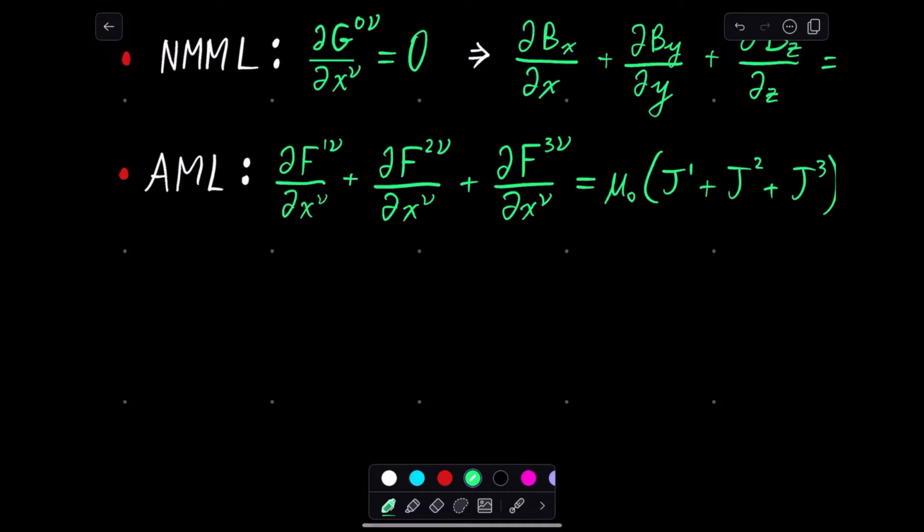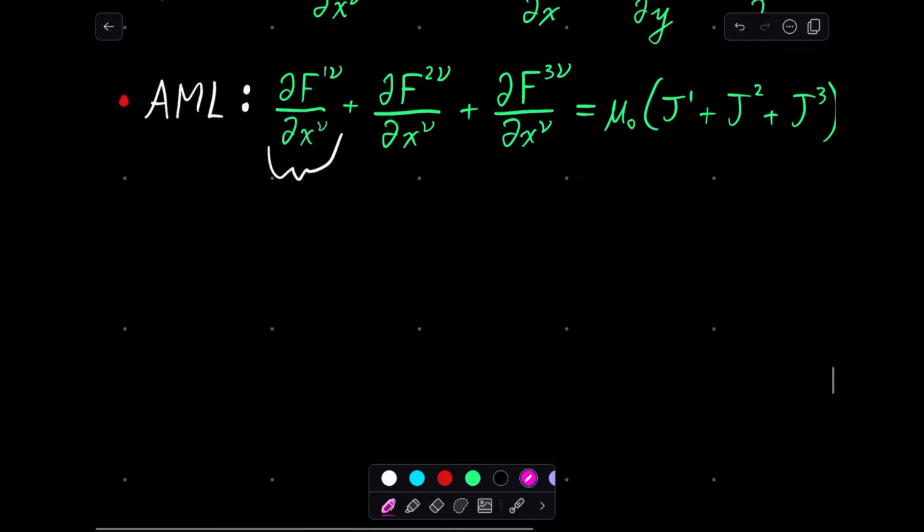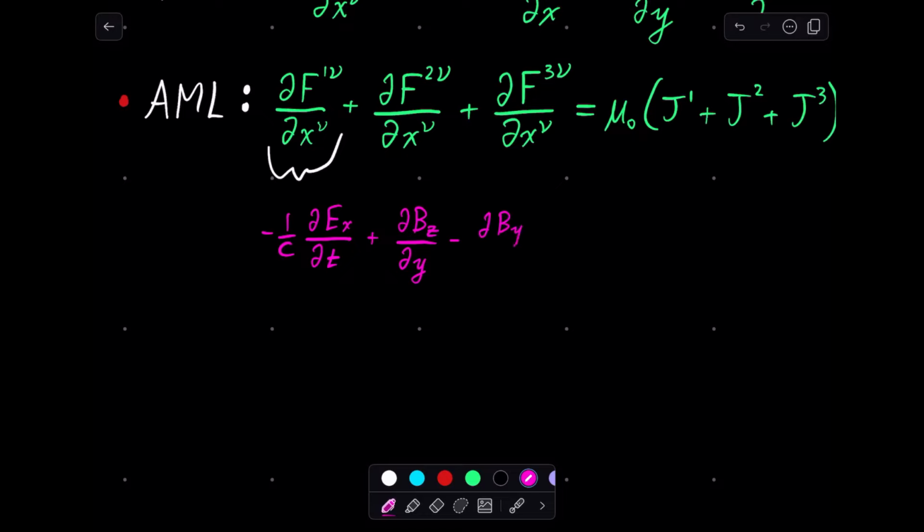So this right here is going to be negative 1 over c partial Ex over partial t plus partial of Bz with respect to y minus partial of By with respect to z.